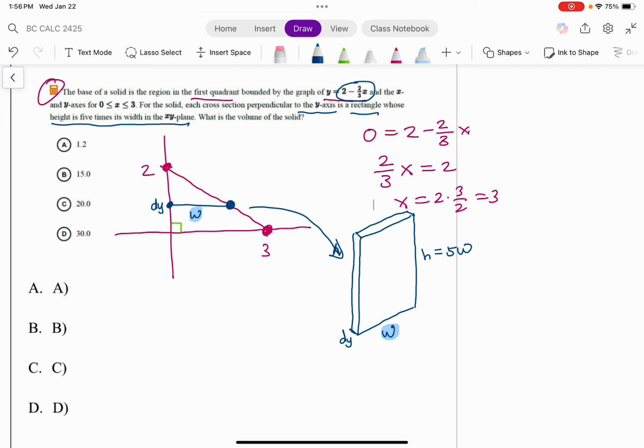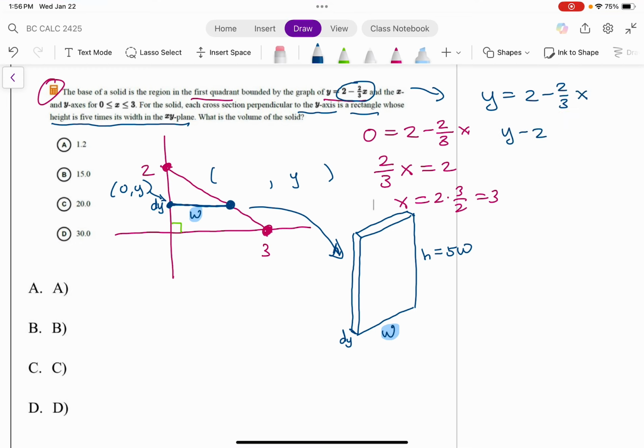I basically need the length here, and in order to get that length, I need to subtract x coordinates. This x coordinate's obvious. That's 0, comma y. But what's this x coordinate? It's something, comma y, because it has the same height. What's the x coordinate in terms of y? We're going to re-express the x coordinate in terms of the y coordinate.